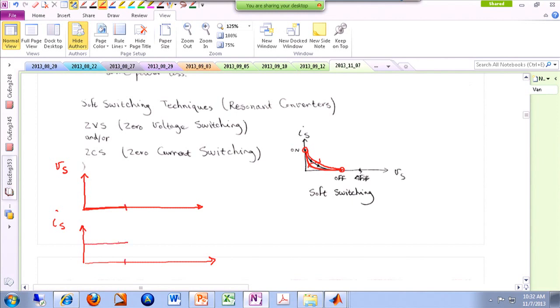So let's say our switch is on, and you want to turn it off, but you want to do it with a ZVS kind of a thing, meaning that the voltage of this switch has no hurry to go to that ultimate V-in value. For instance, there's a capacitor in parallel with this switch. So instead of trying to jump to that final value, it gradually rises. Okay? So this would be hard.